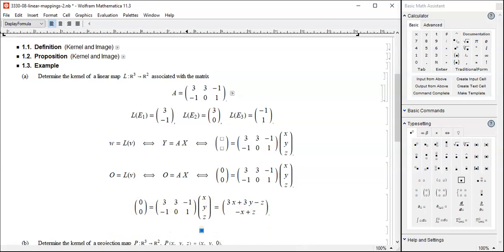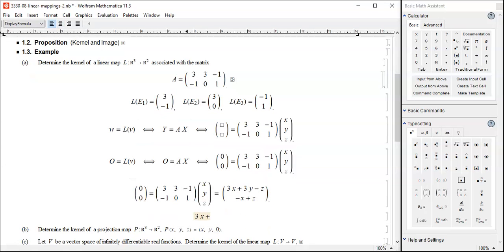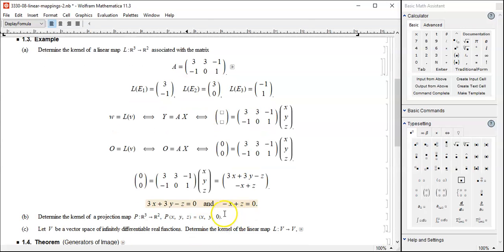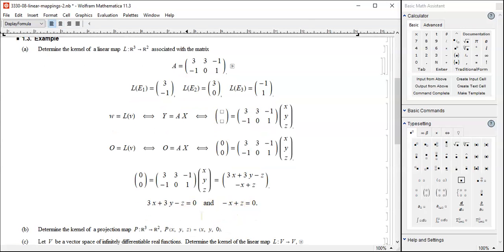So what do we have? 3x plus 3y minus z is equal to 0, and negative x plus z is equal to 0. We have this system of linear equations. Looks like this can be solved rather easily. From the second equation, you can get z equals x. Then plug that into the first equation.